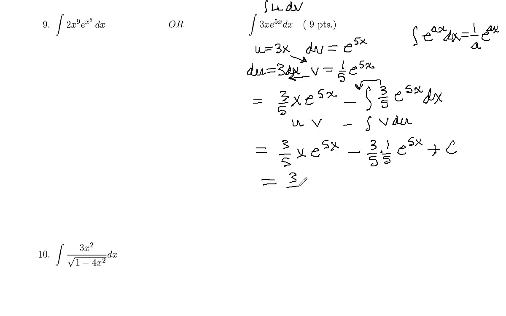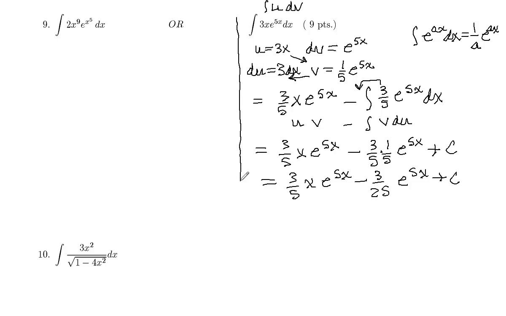And then you don't have to simplify anything on the test, but we'll go ahead here. 3/5 x e to the 5x. And then this will be 3/25 multiplying straight across the top and the bottom, e to the 5x, and then plus a constant because it's indefinite. So that one is done.